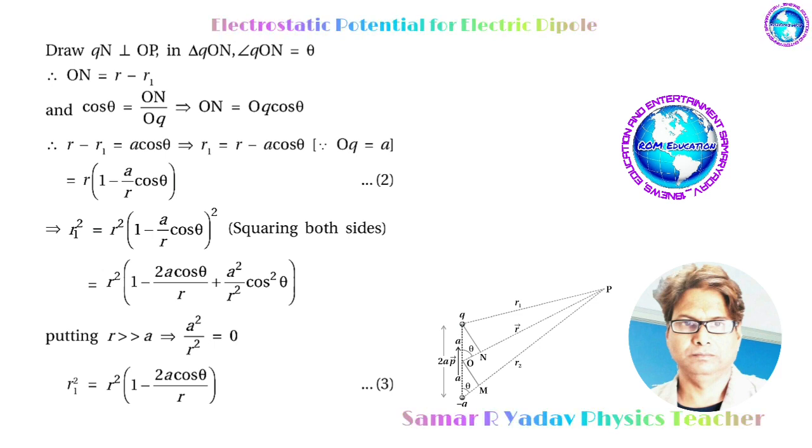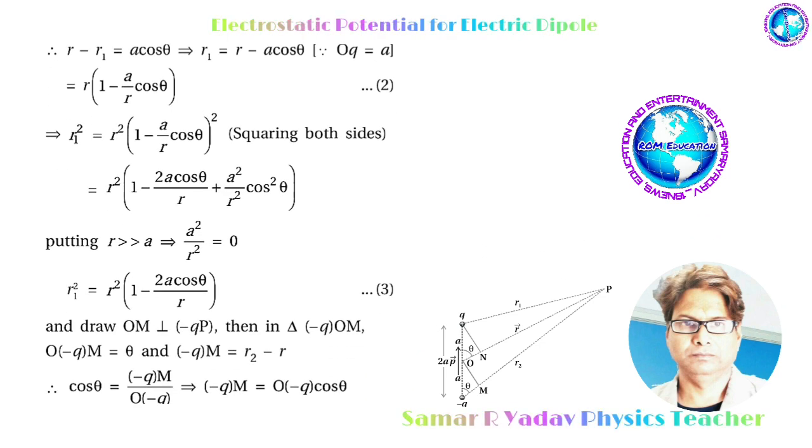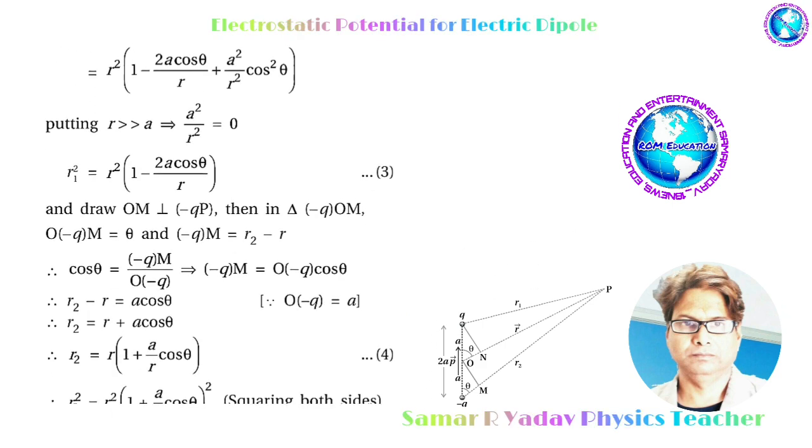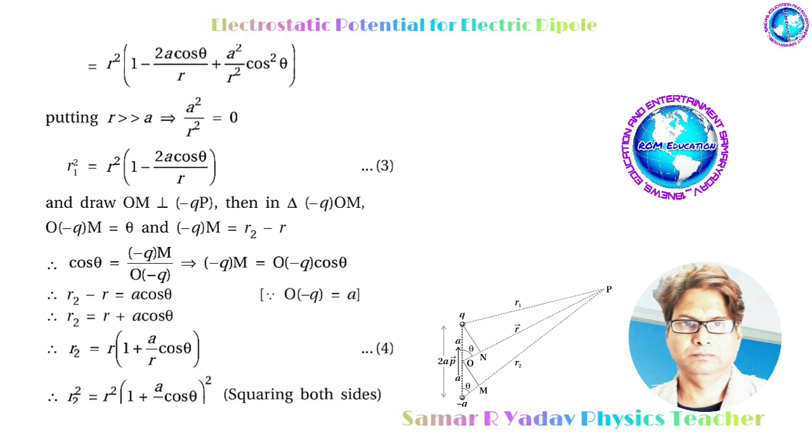Squaring both sides, r1 squared = r squared (1 - 2a cos theta/r + a squared/r squared cos squared theta). Putting r greater than a, a squared/r squared is approximately 0. Therefore r1 squared = r squared (1 - 2a cos theta/r).